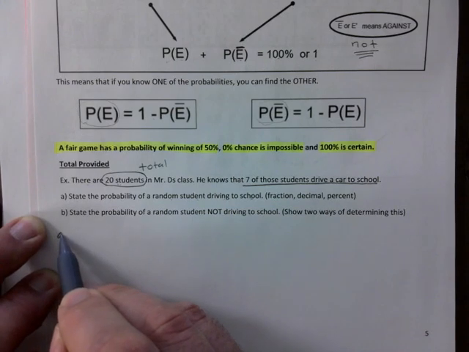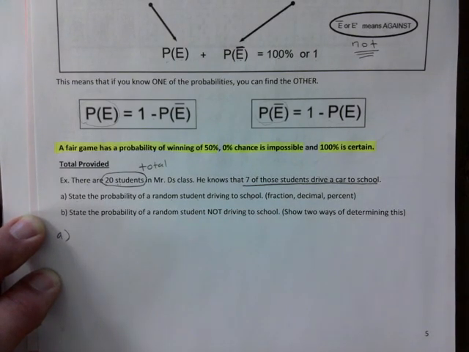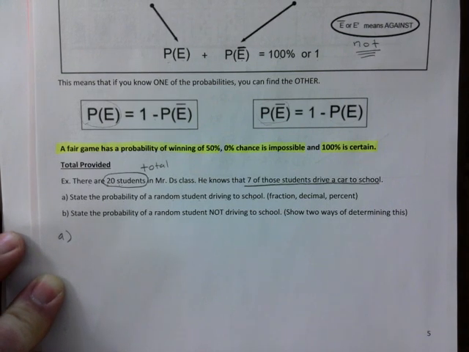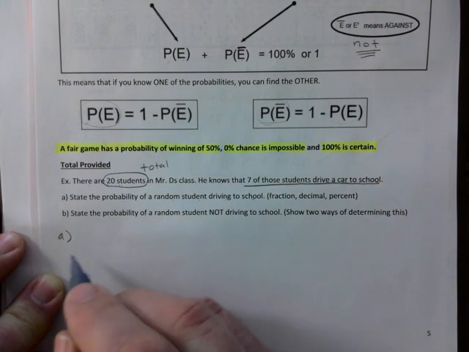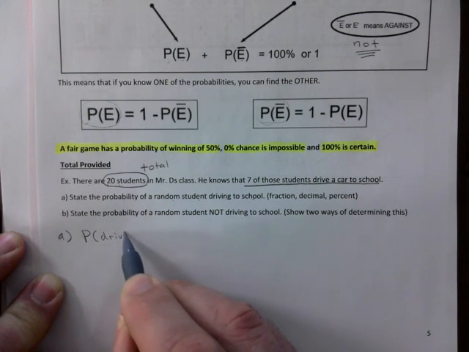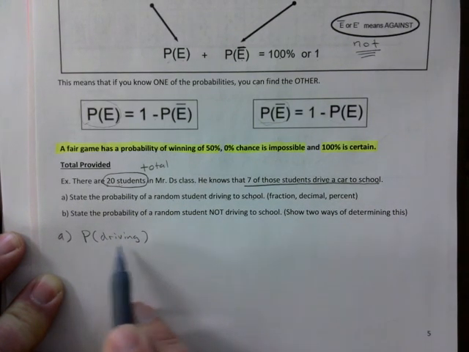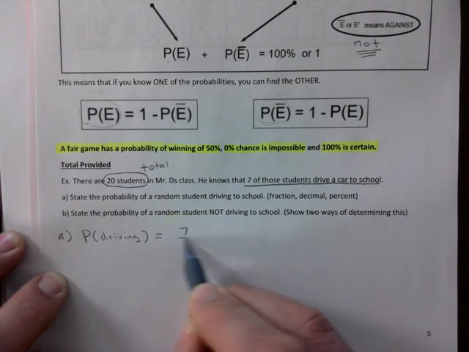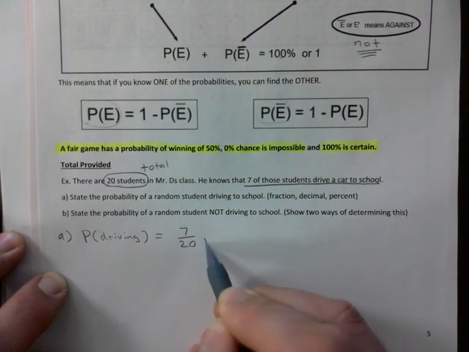A, state the probability of a random student driving to school. So in my class, if I were to just randomly pick, what are the chances that I would pick a student that drives to school? It has to be random for this to work, by the way. Probability of driving, this is normally how we state it. P of driving is 7 out of 20, just like that.